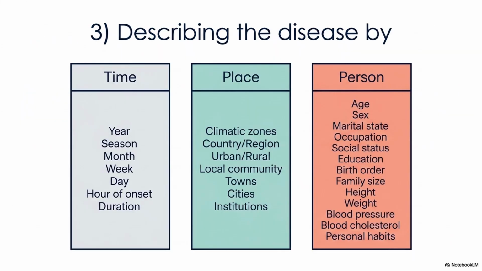We have defined the population under study, and we have defined the disease under study, and now we will describe the disease in detail in terms of time, place, and person distribution. This is a very important step. Time distribution means in which year or season the particular disease we are studying is common, like in summer, winter, or rainy season, which month it is more common, which week in the month, or which day, weekends, weekdays, like that.